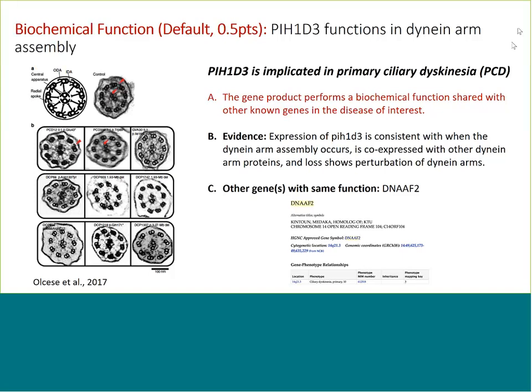More than that, another protein called DNAAF2, which is associated with primary ciliary dyskinesia, has the same function. So this is where we come into the gene product performing a biochemical function shared with other known genes in the disease of interest, and I gave it default points.